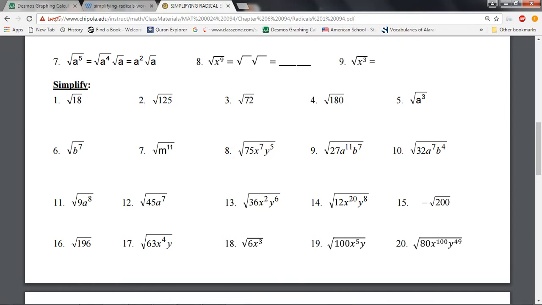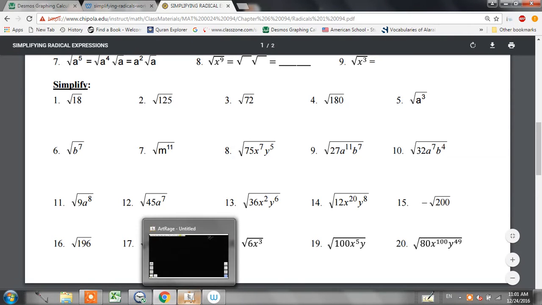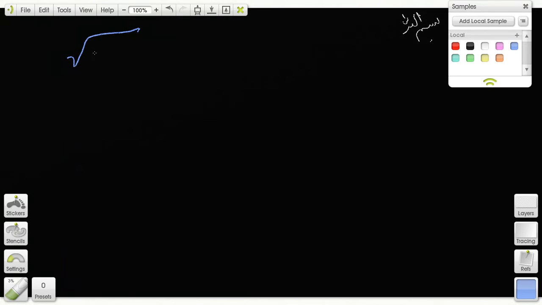Okay, let's do 32A7B4. I got the factors from 32, 8 and 4, or 16 and 2.